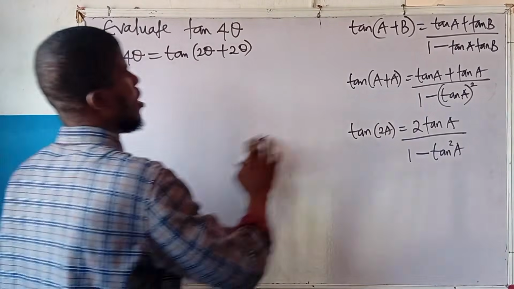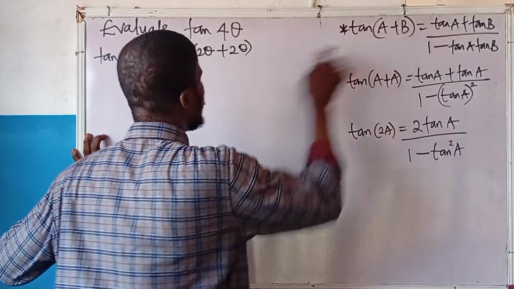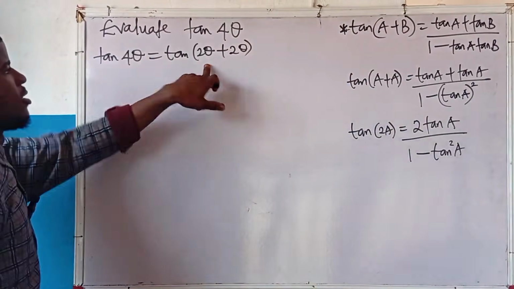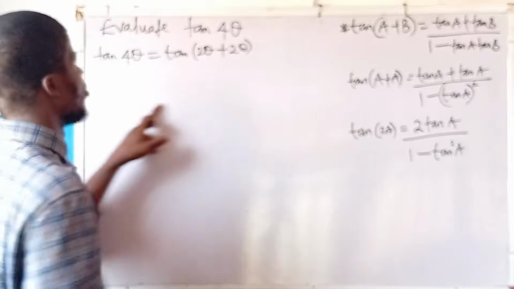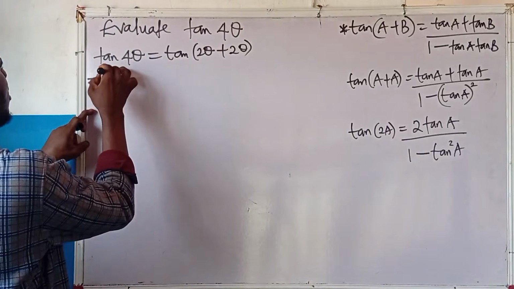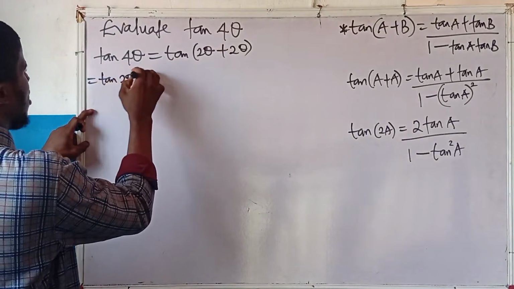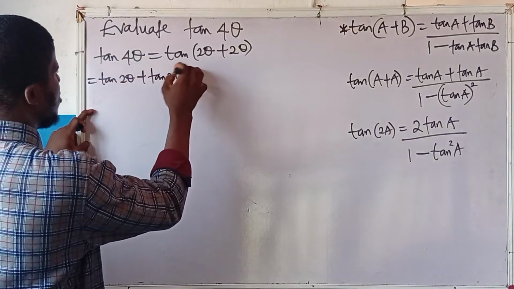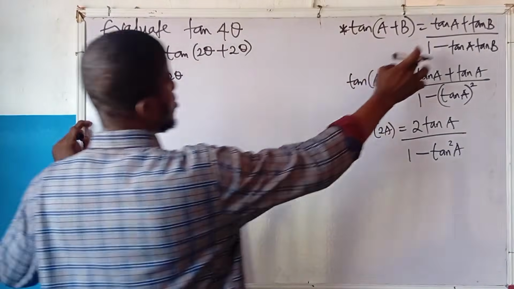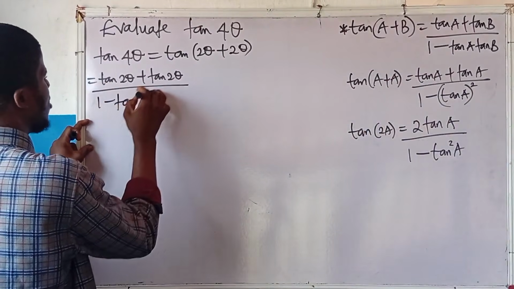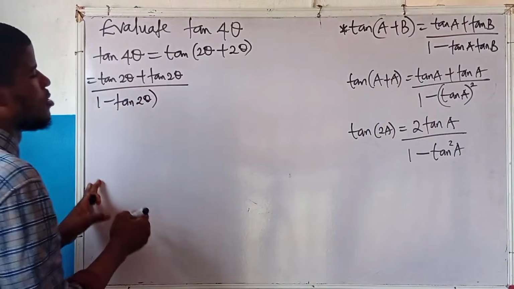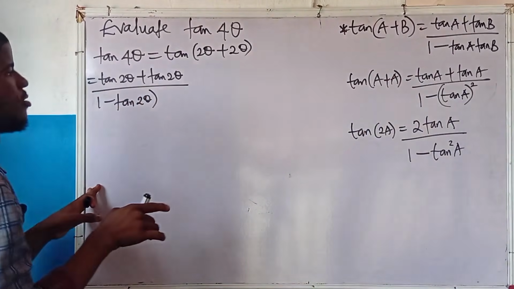So using this identity, first of all, for this first part, the tangent of 2 theta plus 2 theta will be tan 2 theta plus tan 2 theta, based on this, alright? All over 1 minus tan 2 theta times tan 2 theta. You get it?